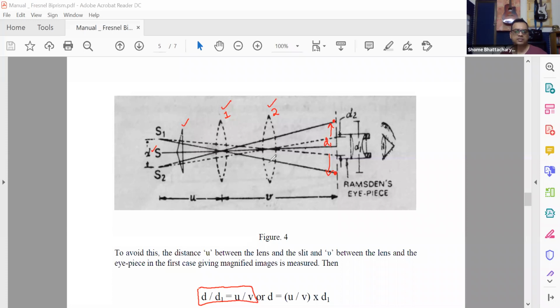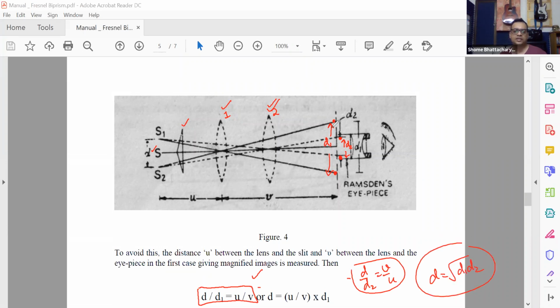Similarly, when you are at position 2, you will observe them here and here, and you'll be able to observe this distance as d2. So either by using this formula or the inverse of this formula, because u and v become inverted, you have d by d2 is equal to v by u. If you eliminate u and v, you can see that d becomes square root of d1 d2.